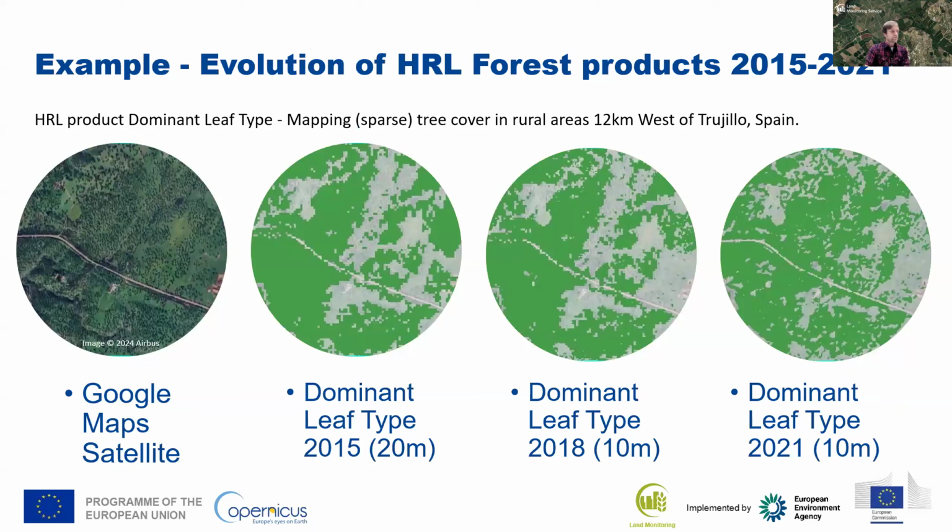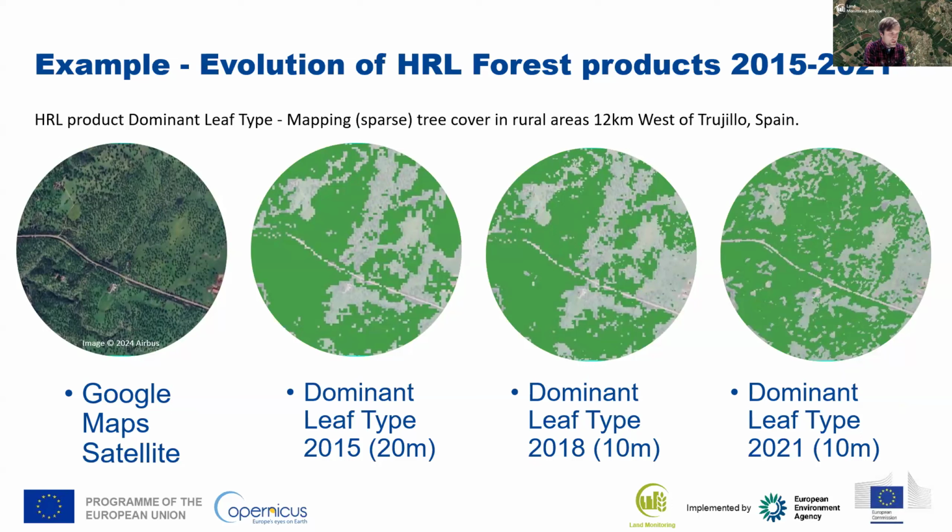Now, this was a rather quick overview of all the available products, and now we want to show a few examples of the products. The first example would be the evolution of the HRL forest products from 2015 to 2021. And in this example, we see an area in Spain and the HRL dominant leaf type product in 2015, 2018, and 2021.